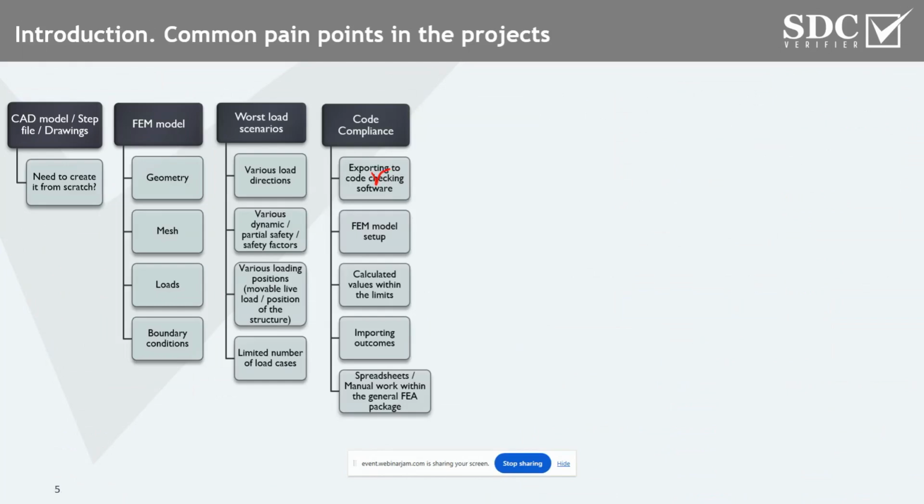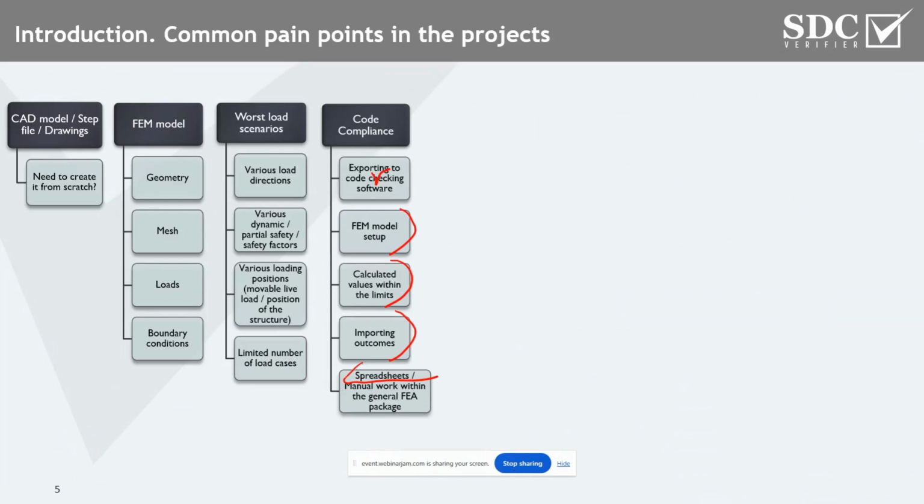Then you need to walk through all the steps again. You need to set it up properly, like you had it in the general FEA package. You check whether your calculated values are within the limits, then you import results or make decisions on how to implement it in your initial package. Or you do it another way around. You say, okay, I'm fine, I can simply use my old school spreadsheets, because we have them nicely working in the company.